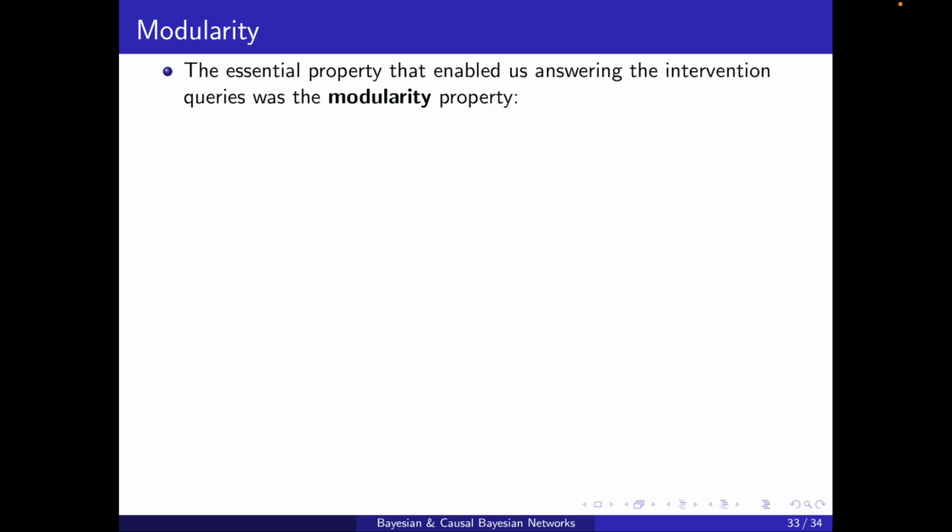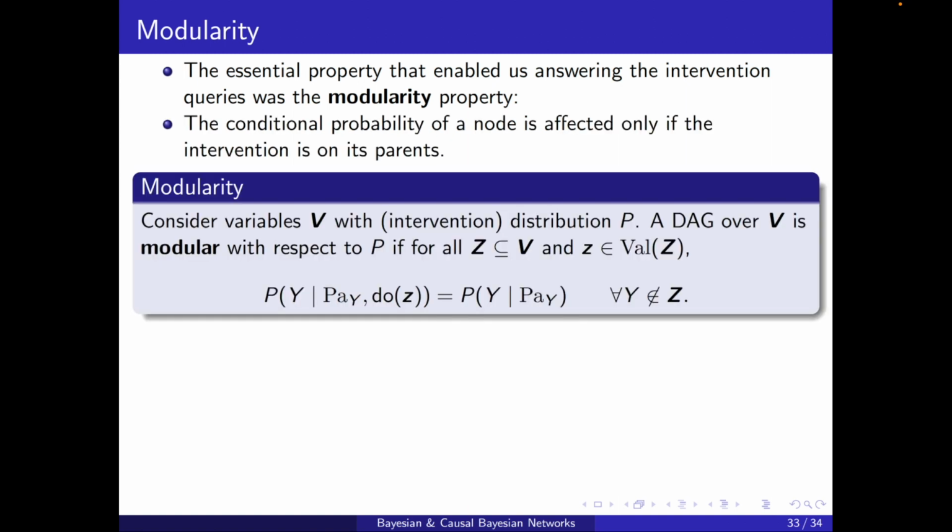Okay, the last point here is that the essential property that enables us to answer intervention queries is the so-called modularity property. The conditional probability of a node is affected only if the intervention is on its parents. Otherwise, it's not affected.